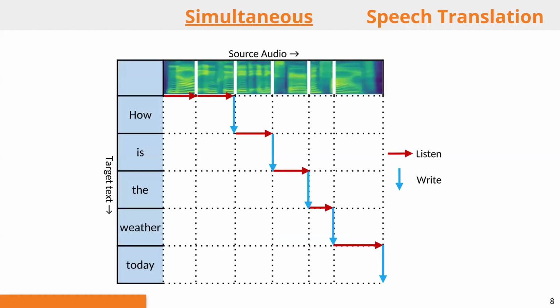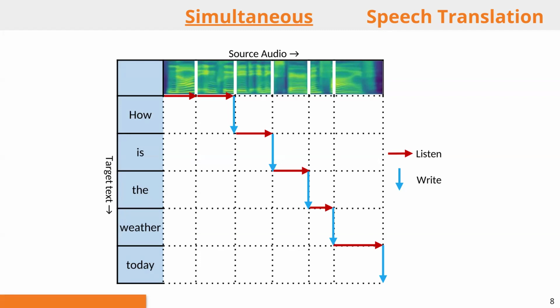Simultaneous speech translation means that the source is available in consecutive audio chunks, as here in the columns in this picture, as audio wave. And the goal is to translate it at the same time as the source is being received. So it means that the machine iterates, and after receiving every chunk, it can either listen for more input or translate.